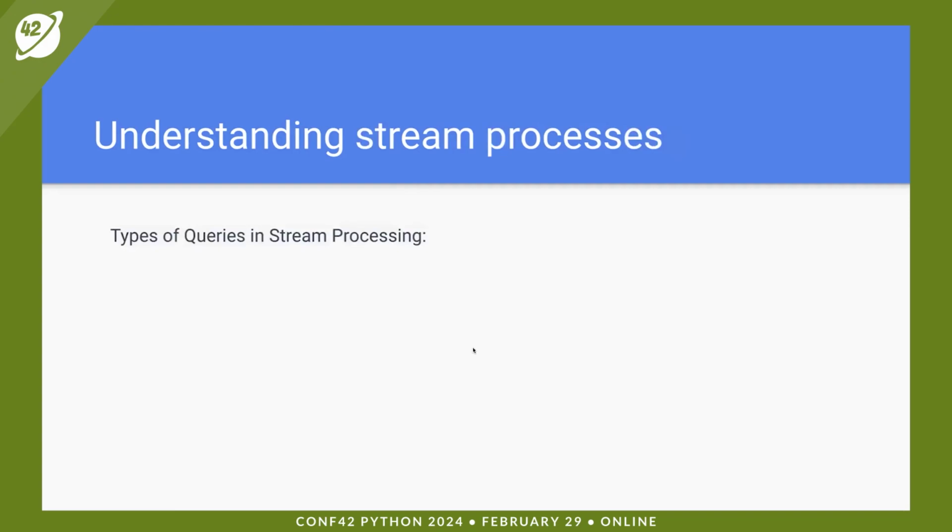There are different kinds of queries you can do inside stream processing. We first talked about the streaming technologies, where you're ingesting the data and able to do transformations on it as it's in flight. Then you have the types of queries you're able to do inside of stream processing as the data is in flight. I'm going to give some examples of each. These are all listed here, so you can read along if you'd like.